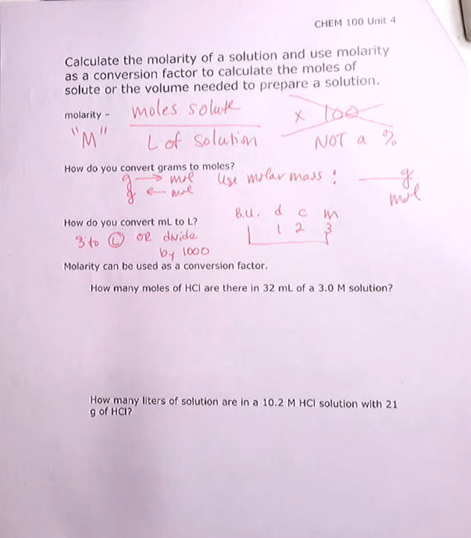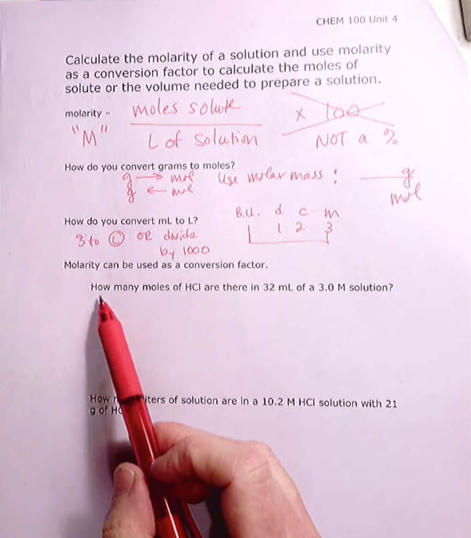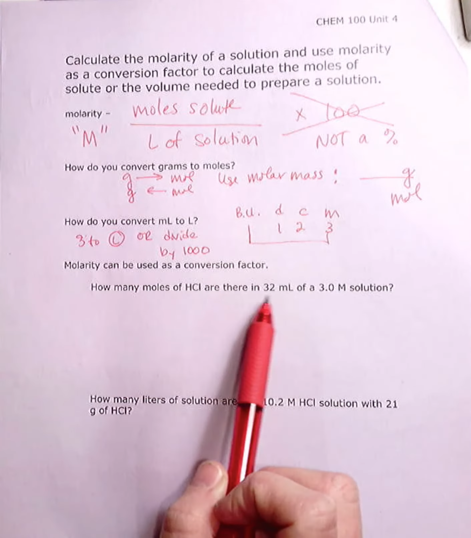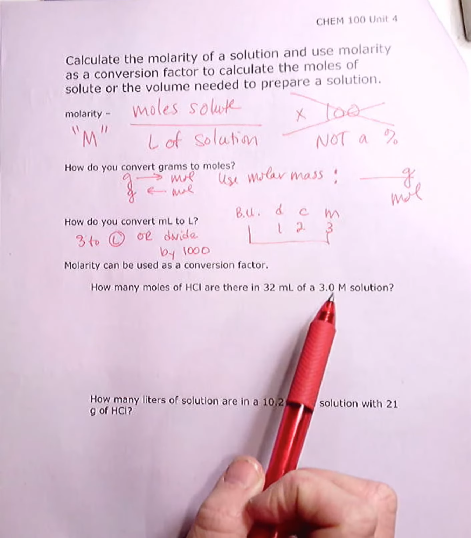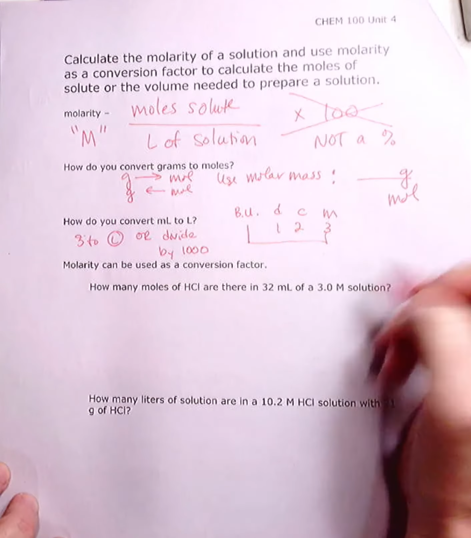So just like our other concentrations, molarity can be used as a conversion factor. So a question that you could typically see, how many moles of HCl are there in 32 milliliters of a 3 molar solution? Just like we did in the previous lecture, when you come across a concentration, you're going to make that into your conversion factor.